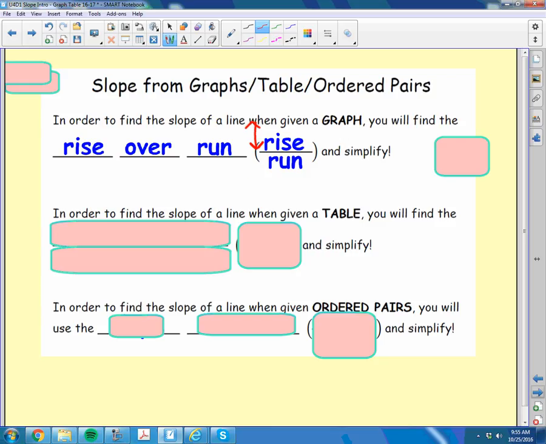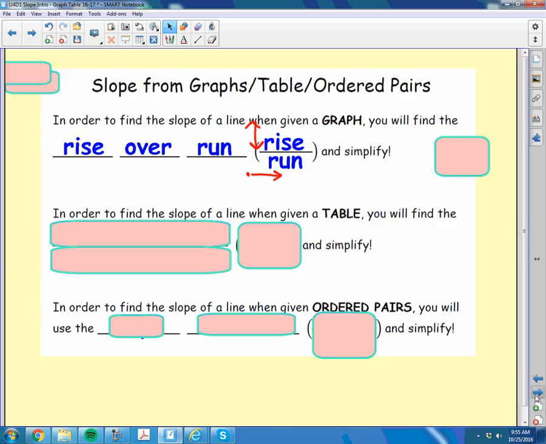The run is only measured to the right. That is critically important. You will never run left. If you are running left, you are making a mistake. You rise up or down, and you only run to the right.